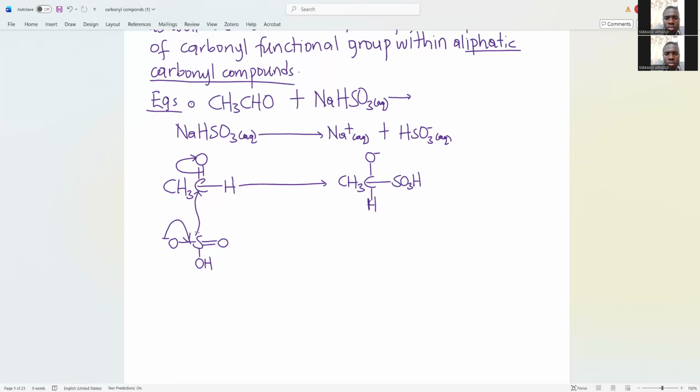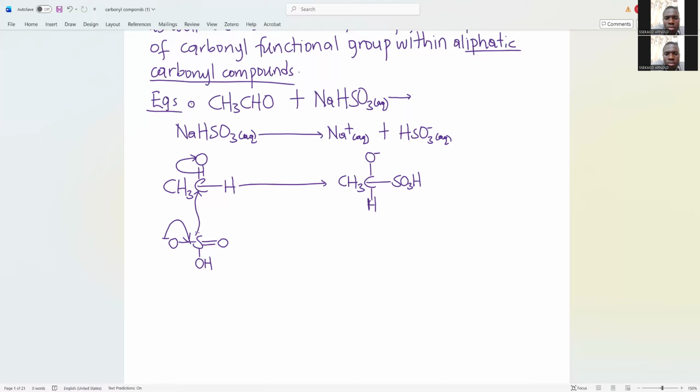What have I said? I repeat, within this carbonyl compound, the carbon to oxygen double bond is polar. Oxygen takes, carbon becomes electron deficient. It needs electrons. Within sulfur, we have lone pairs of electrons. They are donated to carbon. Now, once sulfur donates to carbon, sulfur becomes electron deficient. But this oxygen has excess electrons due to this negative charge. So we donate to sulfur. Is it clear? I repeat for the last time.